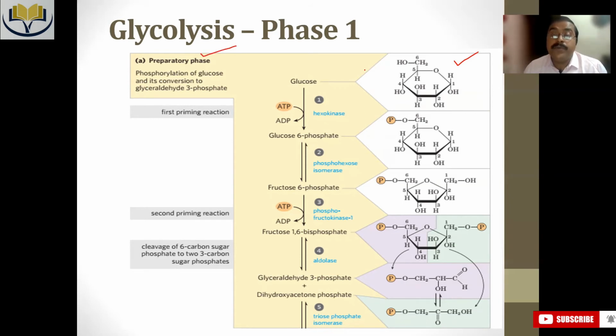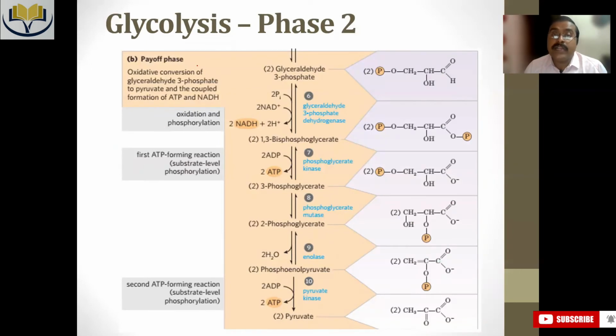That means preparation is required for the oxidation of glucose. The first phase comprises 5 reactions and contains one priming reaction, I will discuss in detail what is the meaning of this priming reaction, a second priming reaction, and a cleavage reaction.